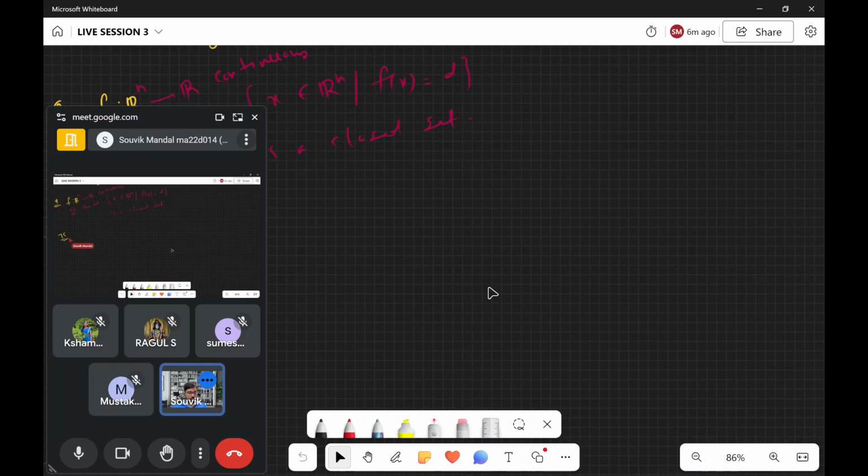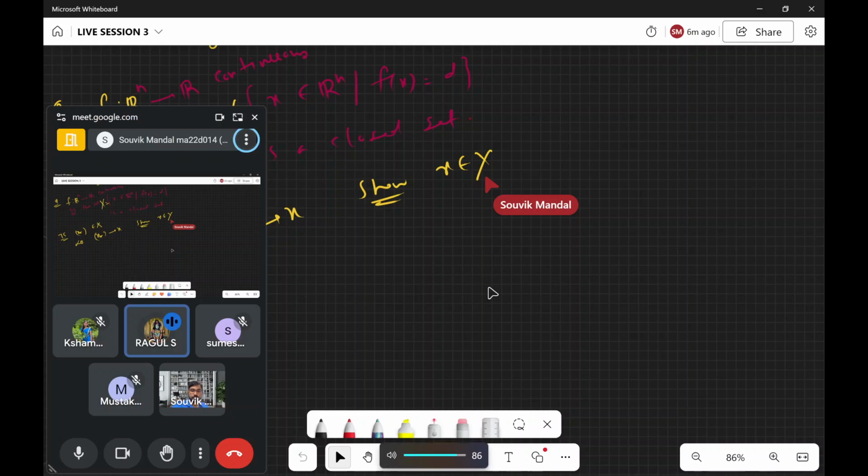Suppose x_n converges to x. As n tends to infinity, we have limit of x_n is equal to x.